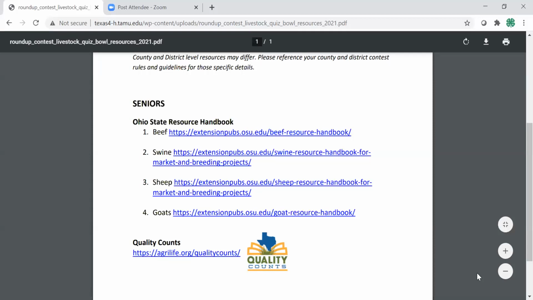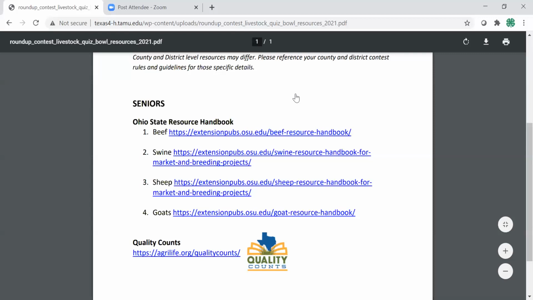Instead of just having them memorize a breed that is white with erect ears is a Yorkshire, truly spend some time on some of those areas where you can do a lesson and let them grasp the concept so they don't have to have that memorized because it's something they can reference in their mind and just know. So I definitely would like to encourage all project leaders to take advantage of truly doing some lessons in different areas so that they can learn it and not just memorize.